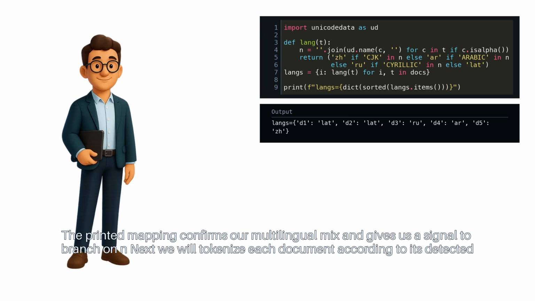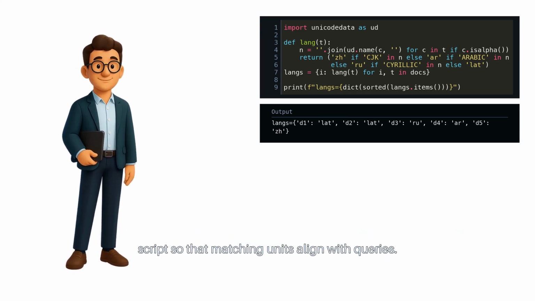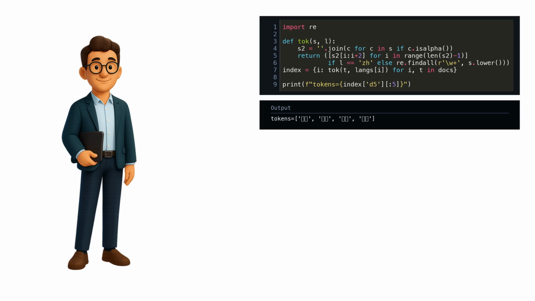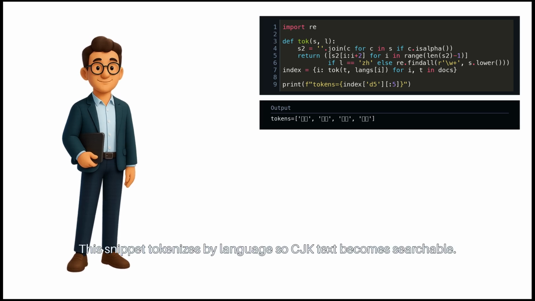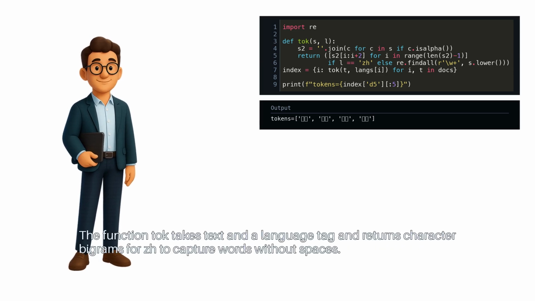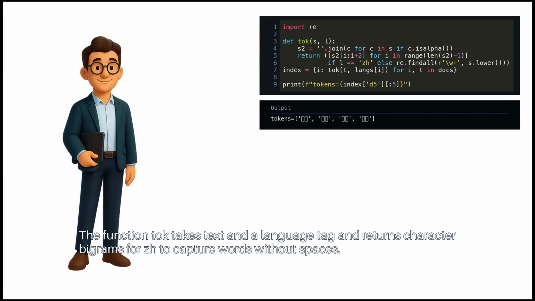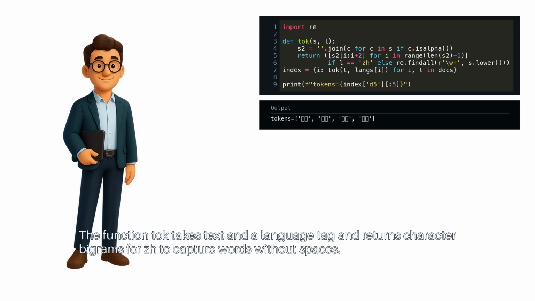Next, we will tokenize each document according to its detected script, so that matching units align with queries. This snippet tokenizes by language, so CJK text becomes searchable. The function tok takes text and a language tag and returns character bigrams for ZH to capture words without spaces.